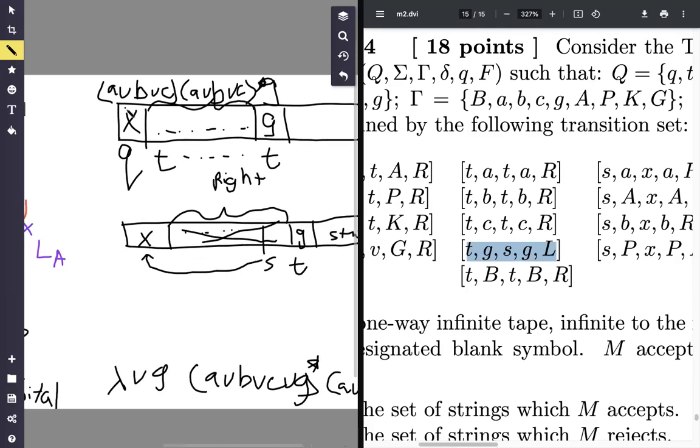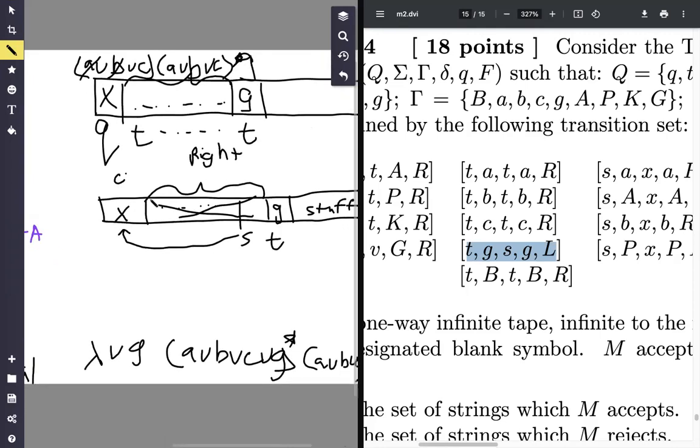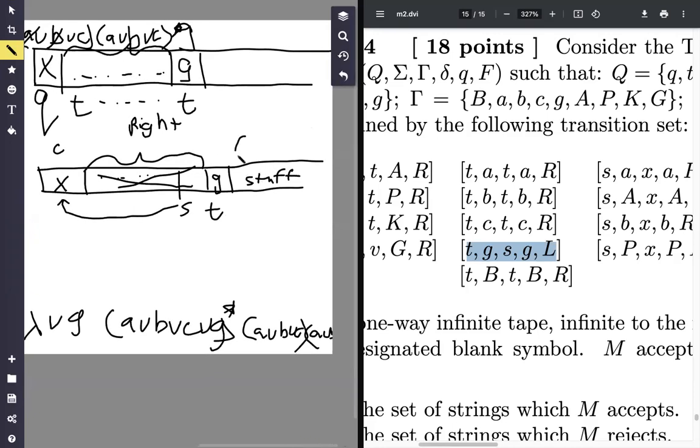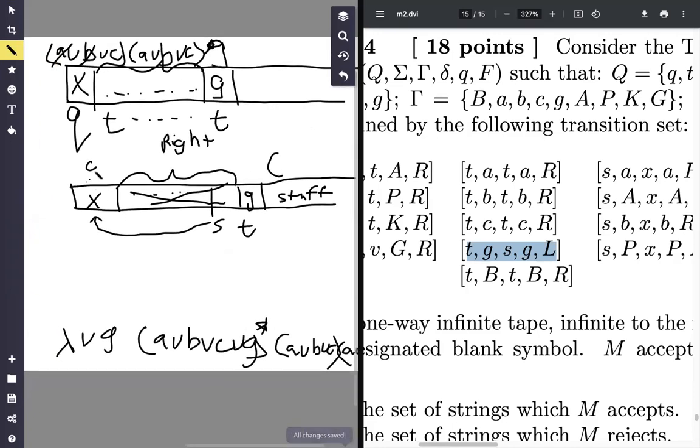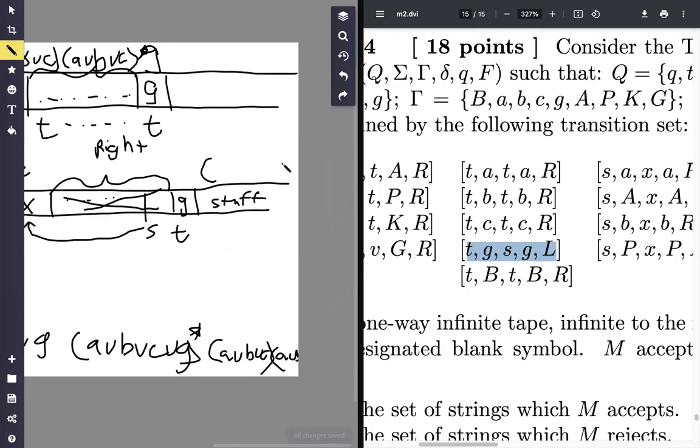And we left it abstract. We said it was A or B or C because we didn't know if we needed to look at it. But now we need to see a K, which means this is no longer an A or B or C. This is actually a C. Again, we have this stuff here that we never looked at. Sorry, we're in state S. We see a capital K, and then we halt. This capital K used to be a C. There was all this stuff here at the end that we never looked at.